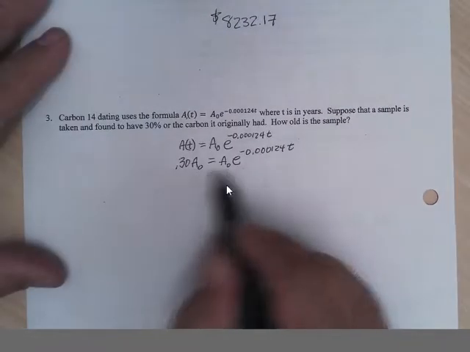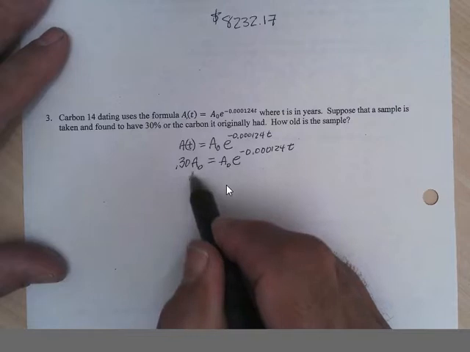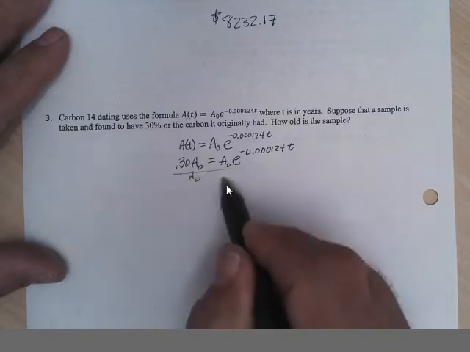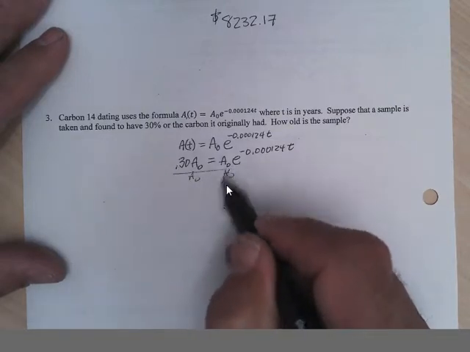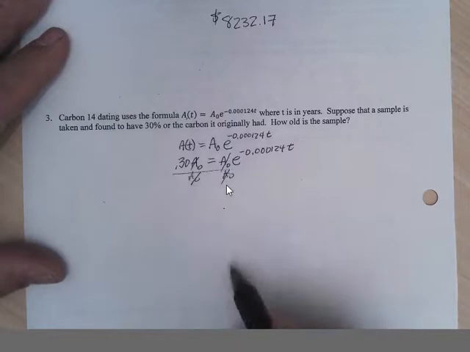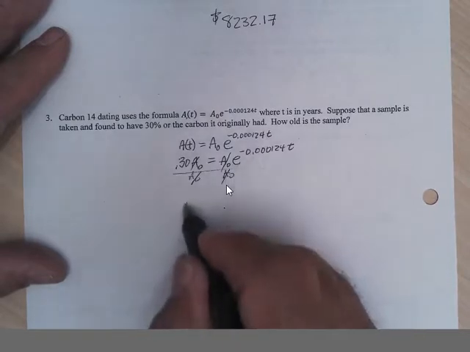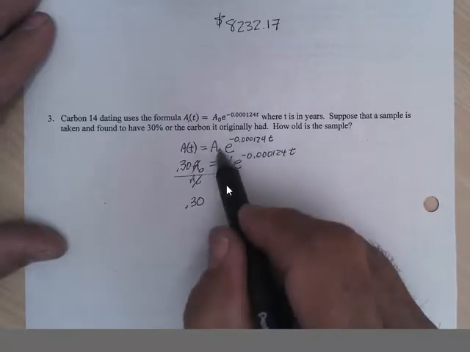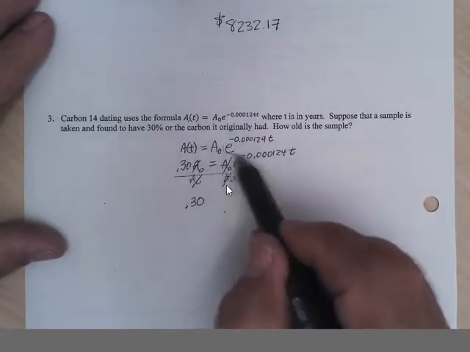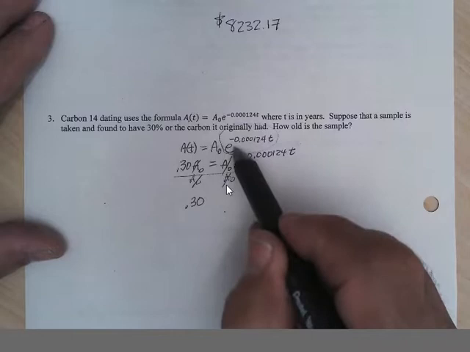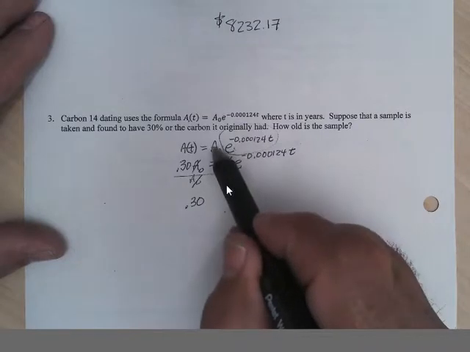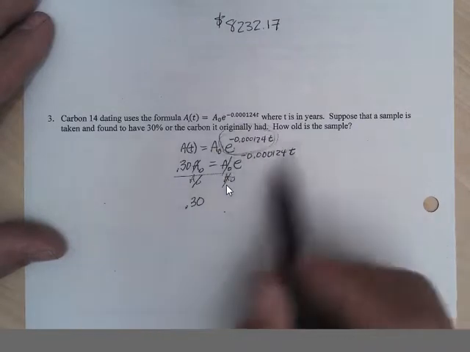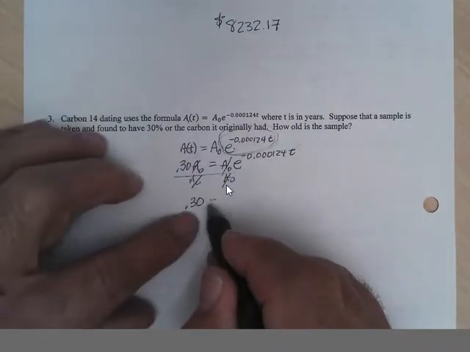And then divide both sides by A0, and that cancels them out. So the other way to look at it: to end up with 30%, this has to be 30% of the original amount. So just this part has to be 0.30.